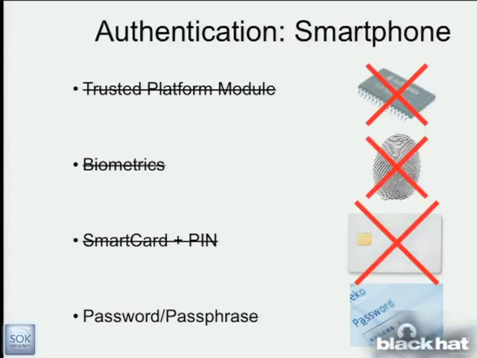Well, on smartphones, the situation is very different. You don't really have a TPM or biometrics or smart cards on smartphones, because most of them are pretty restrictive in what you can do, what you can run, and what you can connect to them. And pretty much the only way of authentication that is left on the smartphone is PIN, password, or passphrase. Here I would like to give a short note about the TPM.